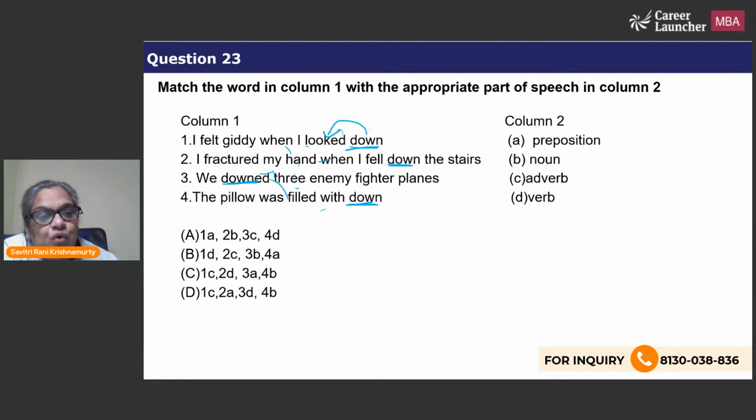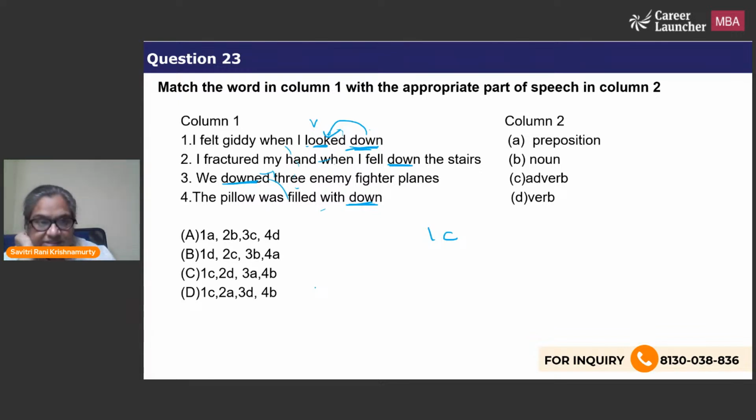Down is telling you where you looked. What part of speech is look? Look is a verb, it's an action. So it is telling you the direction of your action. Looked up, look down. So what is down here? Down is an adverb. Look down, look up, come down, come up, come in, come out.